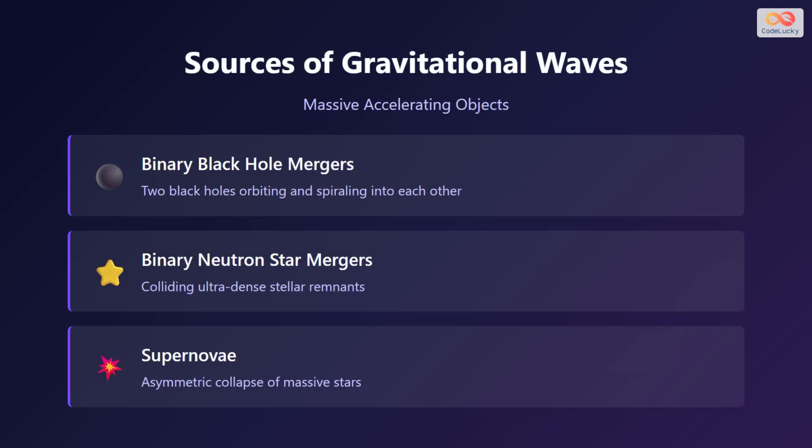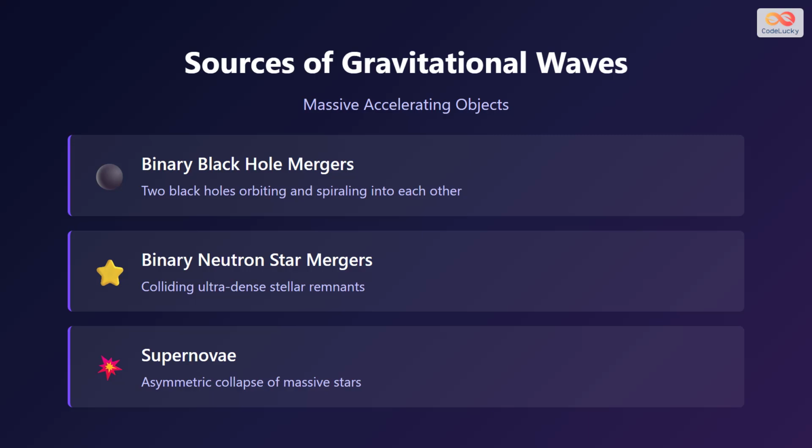Gravitational waves are produced by massive accelerating objects in the universe. The strongest sources are binary black hole mergers, where two black holes orbit each other at incredible speeds before spiraling together and merging into a single, larger black hole. Binary neutron star mergers are another powerful source. These occur when two ultradense stellar remnants, each containing more mass than our Sun, but compressed into a sphere only about 20 kilometers across, collide with each other.